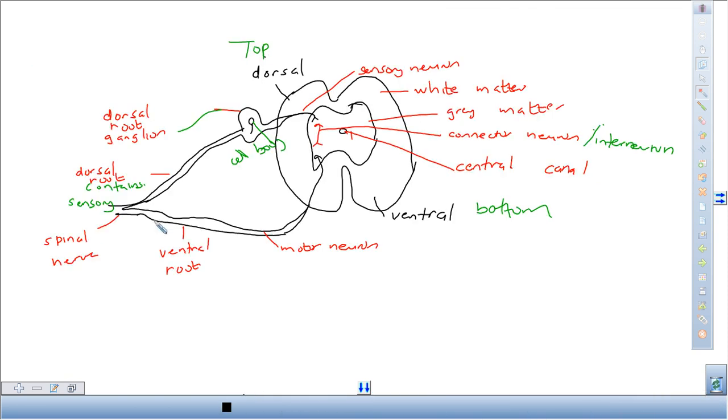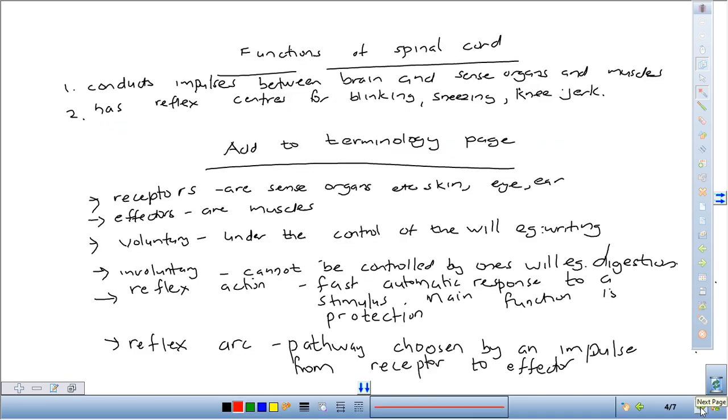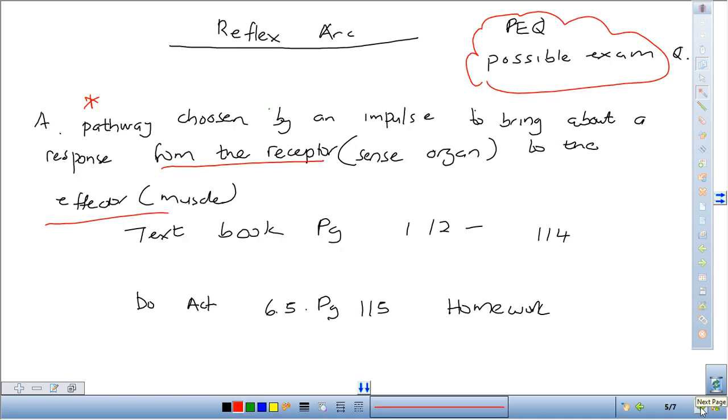We now have the top part called dorsal root ganglion, made up of the sensory neuron, which is the cell body of the sensory neuron, into gray matter. Interneuron, space here, space there, two synapses only. Motor neuron going up into the ventral root. We go through a reflex arc. Functions you can do yourself. Reflex arc is a long pathway.